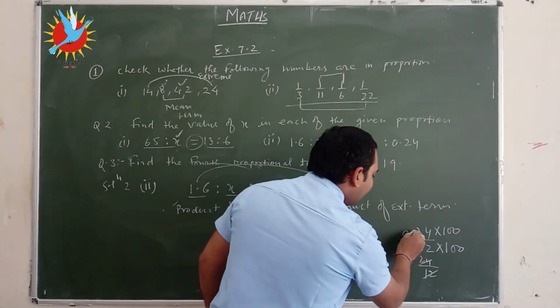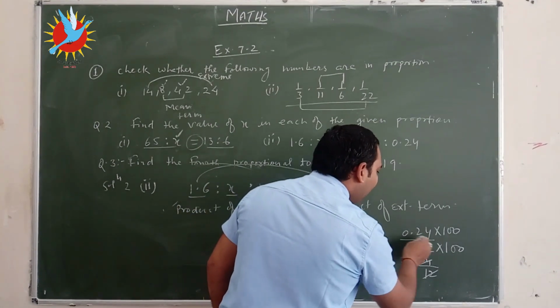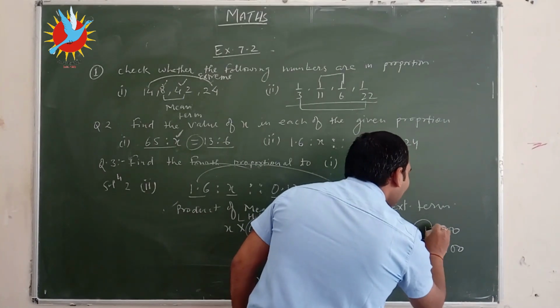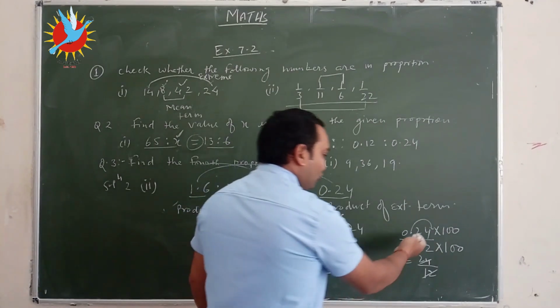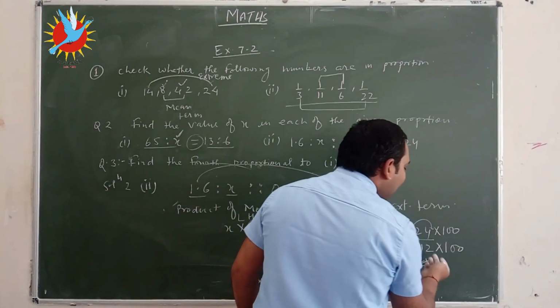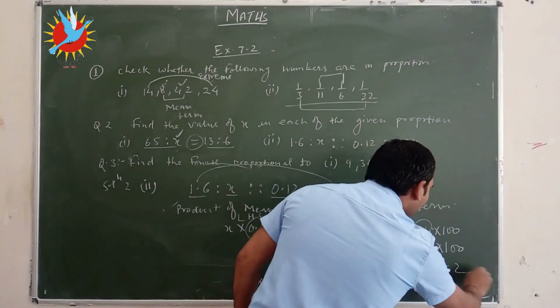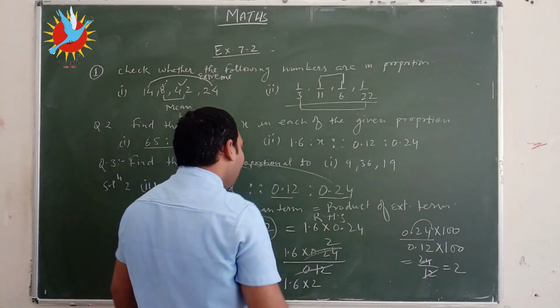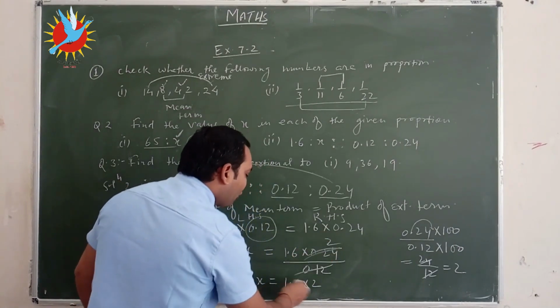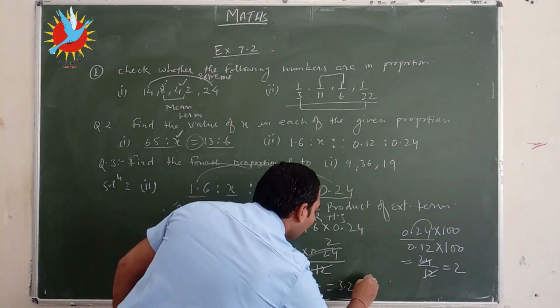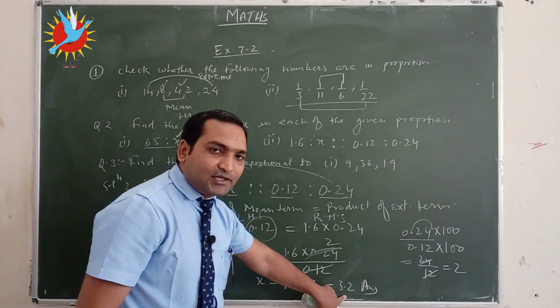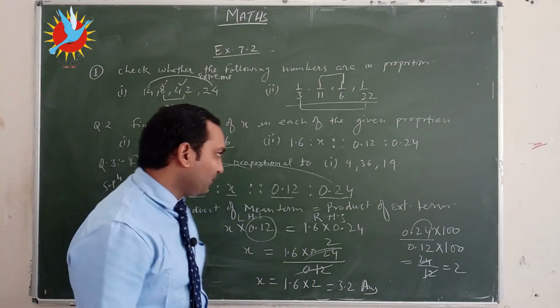The decimal point moves two places to the right. So 0.24 into 100 is equal to 24, and this is equal to 2 times. So 1.6 into 2 is equal to 3.2. This is the answer, the value of x. x is equal to 3.2.